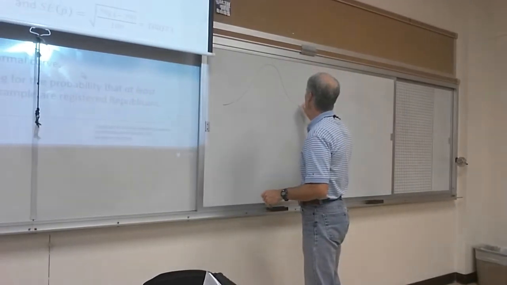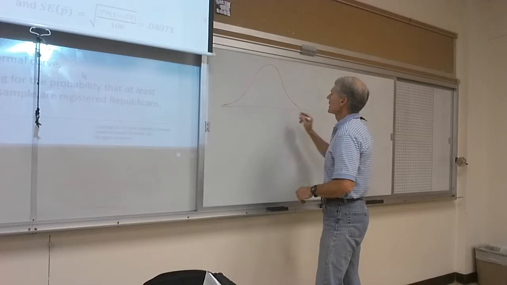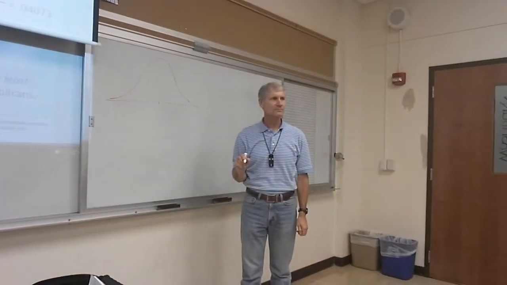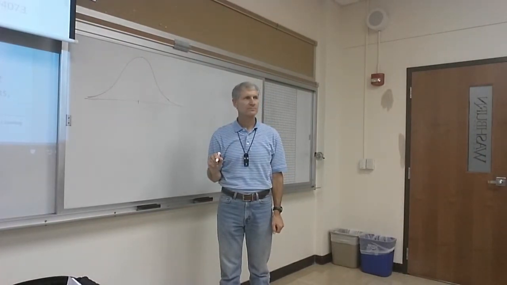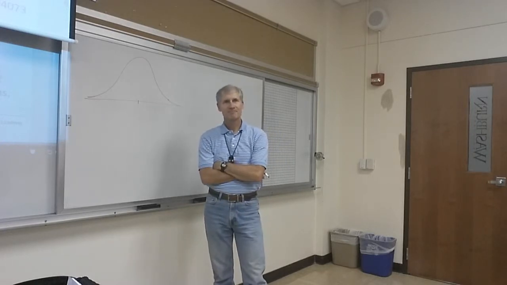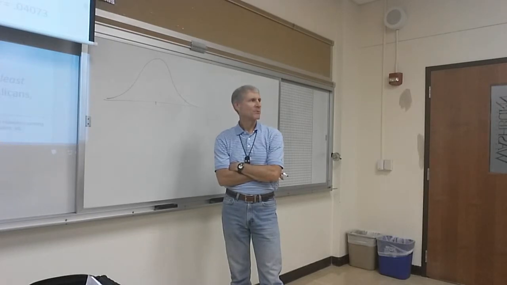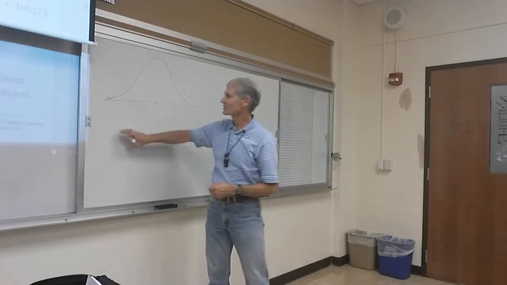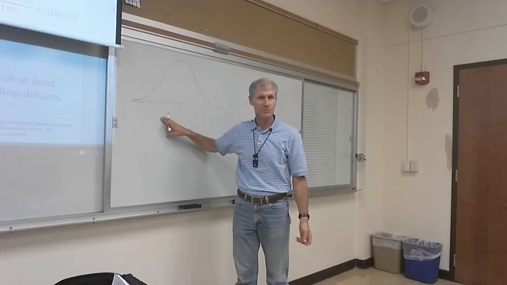So I'll draw a nice normal curve and center it at what? Where would this be centered? 0.79. The central limit theorem told us that the mean of p hat is the population proportion, which is 0.79.